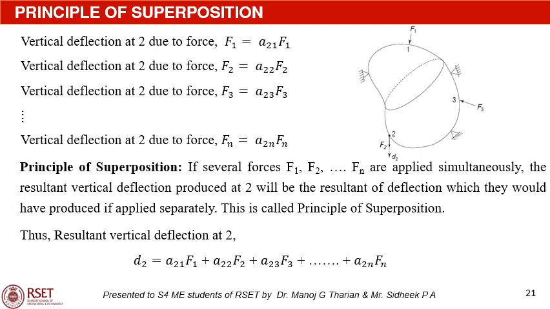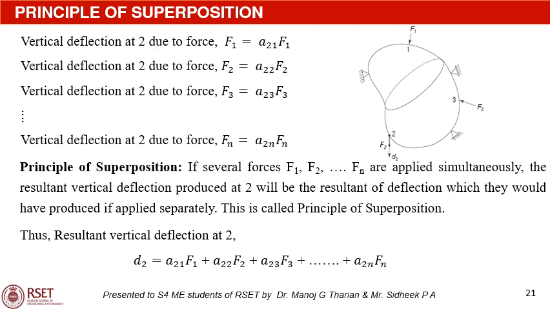When the forces F1, F2, F3, etc. up to Fn are acting simultaneously on the body, the resultant deflection at point 2 can be found using the principle of superposition. That is, in an elastic body, if several forces F1, F2, F3, etc. up to Fn are applied simultaneously, the resultant vertical deflection produced at 2 will be the resultant of the deflections which these forces would have produced if applied separately.